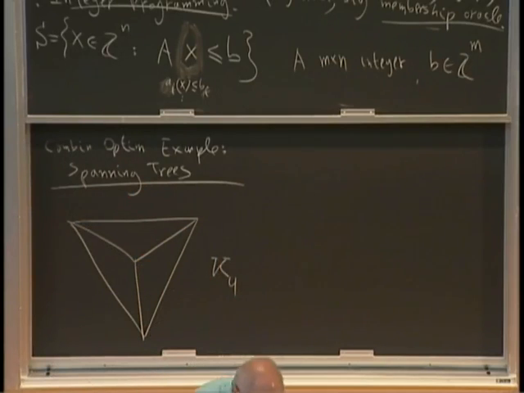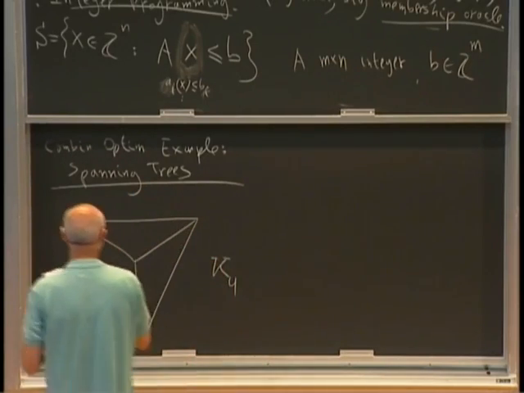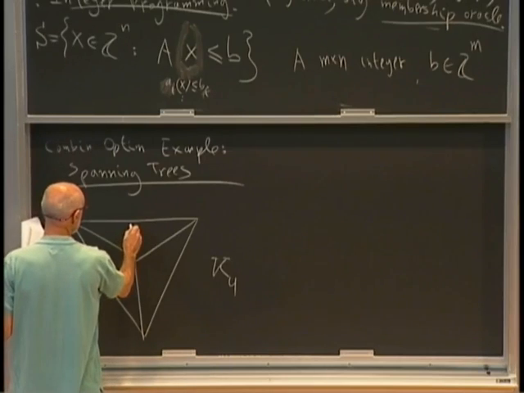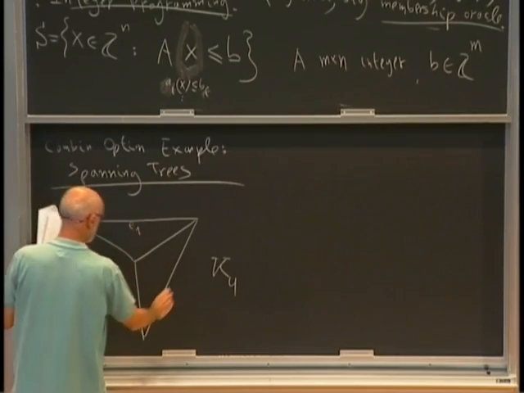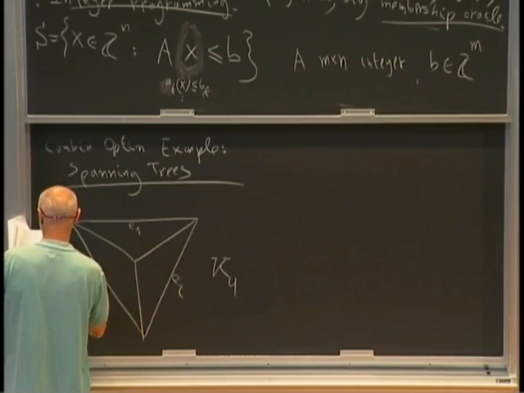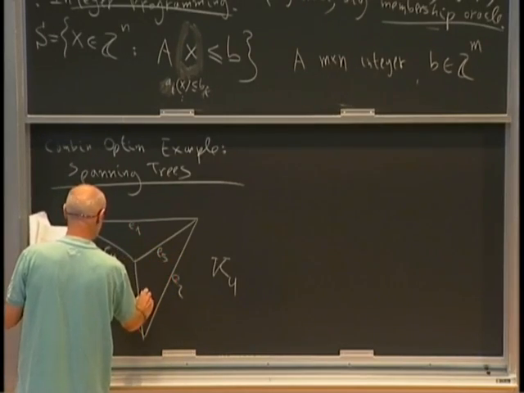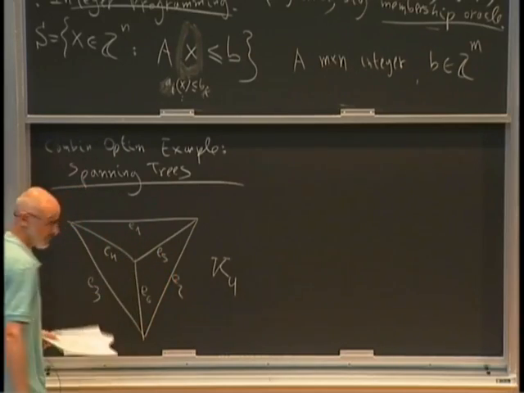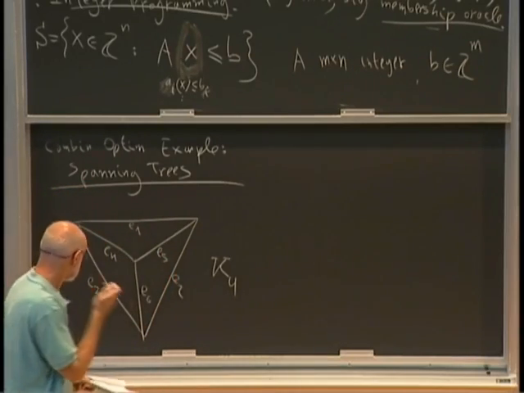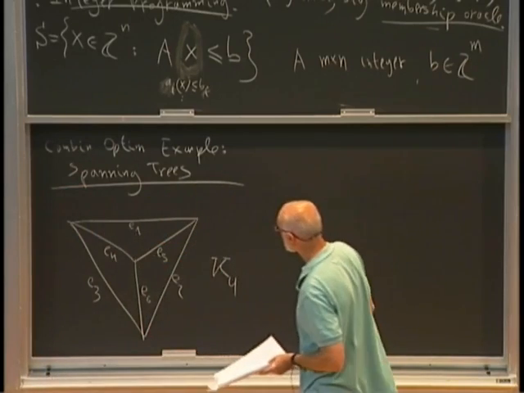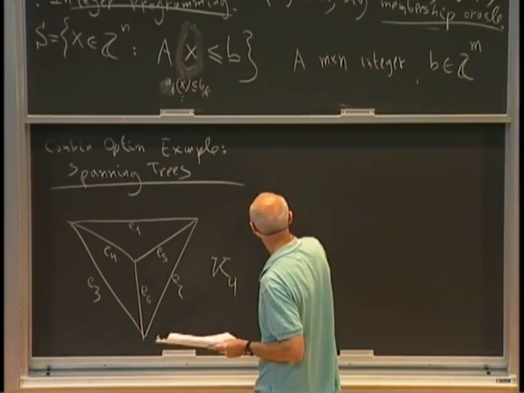And we have some order of the elements. These are the edges, so let's give them some order: E1, E2, E3, E4, E5, E6. Subsets of edges are now identified with 0, 1 vectors in dimension n.